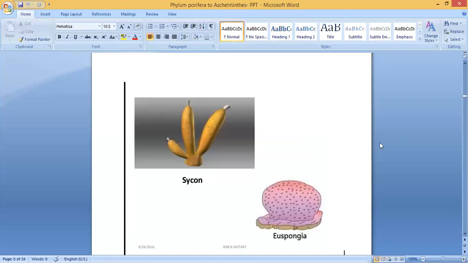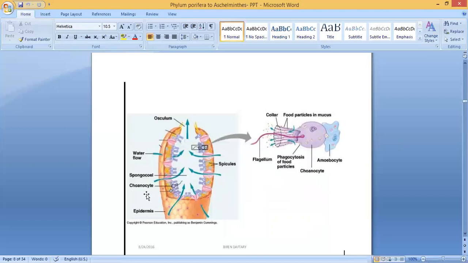Okay, I can show you in this figure. These are the choanocytes, with one flagellum. It's a motile organ. Then let us see the function of these choanocytes. The structure of a choanocyte is critical to its function, which is to generate a water current through the sponge and to trap and ingest food particles by phagocytosis.